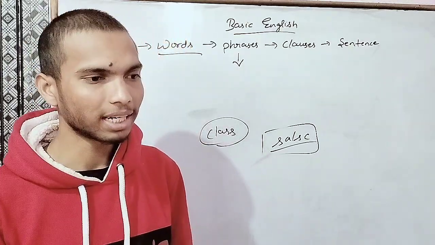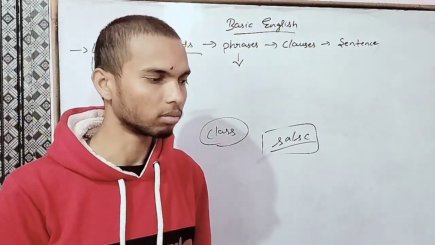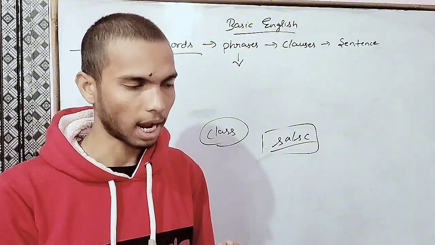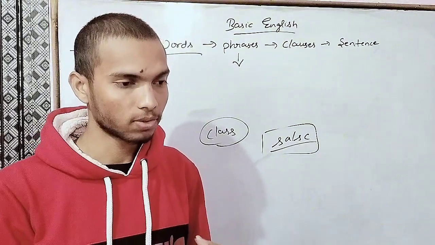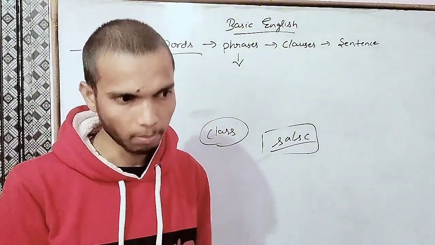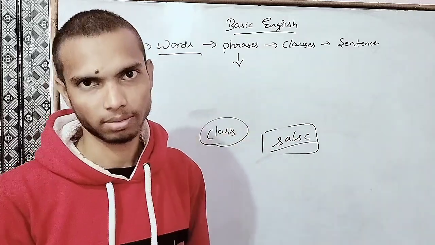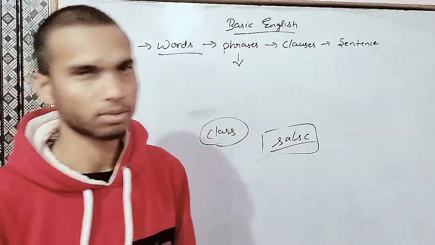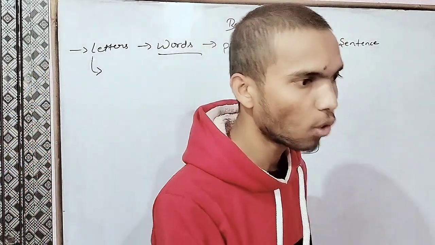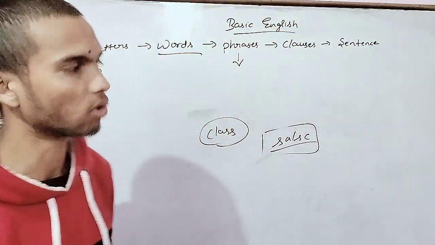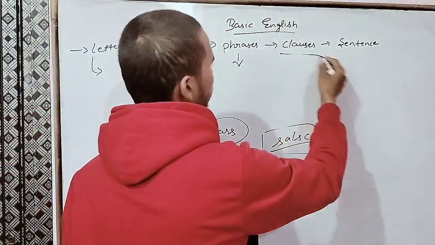First of all, we will take some words, I am not saying some letters, some words. Then there should be a meaning of those collected words. Then we will say yeah, this is a phrase. So the meaning of collected words is known as phrases.